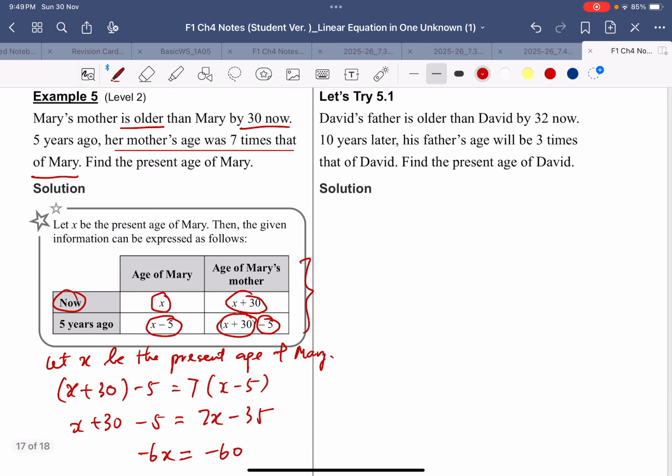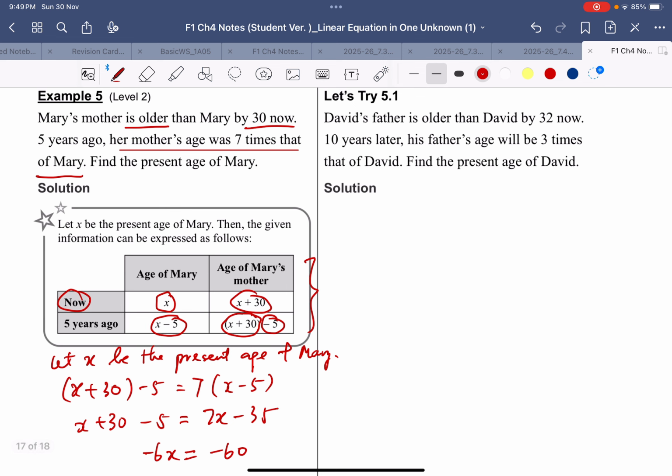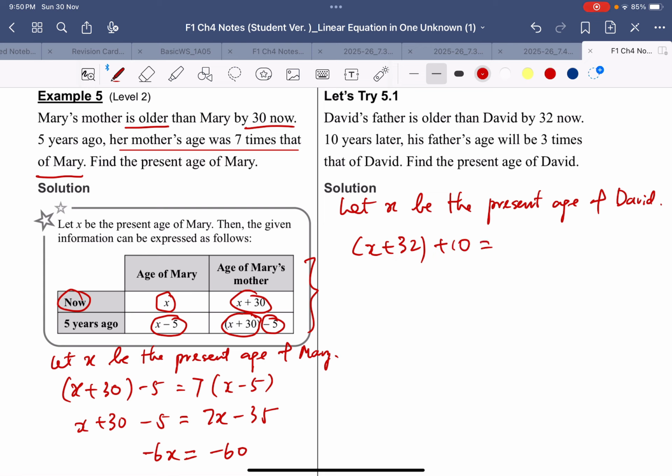Okay, so let's try 5.1. Pause it. Let X be the present age of David. X plus 32 is David's father. 10 years later, plus 10, 3 times David's age 10 years later, like this.